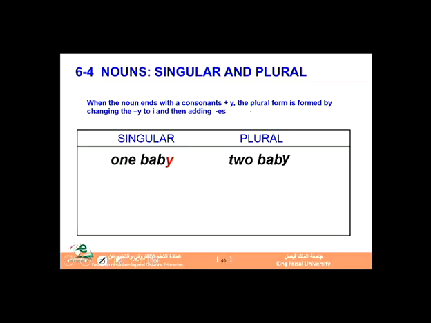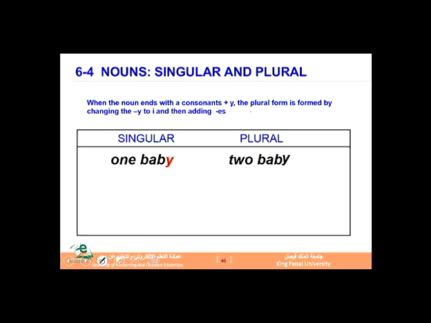Okay, now sometimes we have nouns that end differently. They have y at the end, and before the y they have a consonant. Now, to make those nouns a plural, we cannot just add an s to the end of the word. We have to delete the y and add ies instead of it.